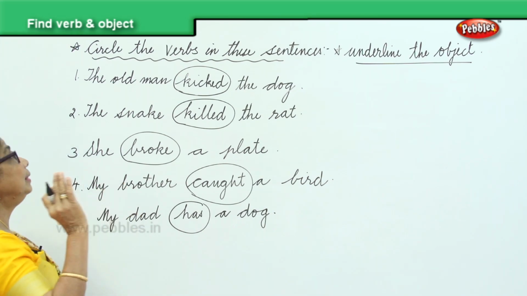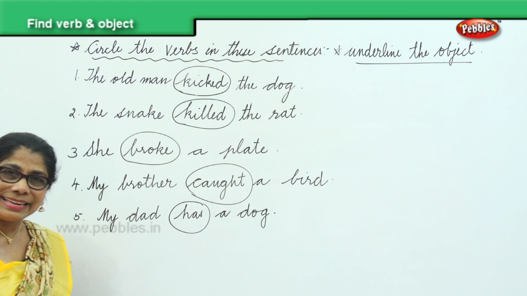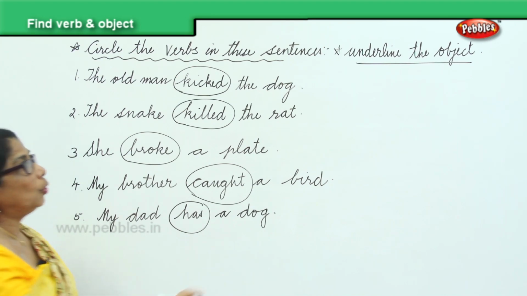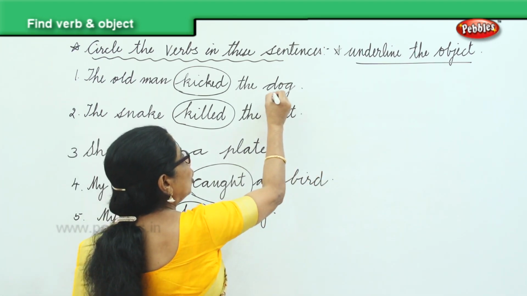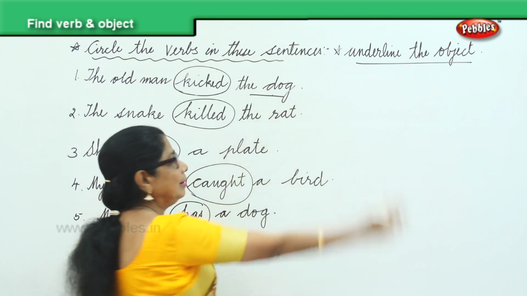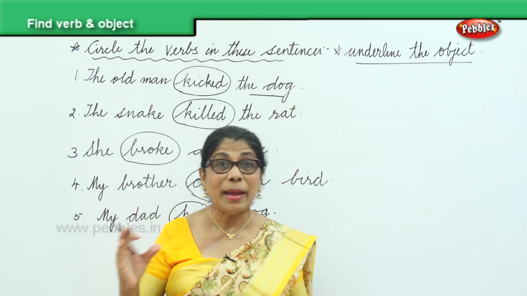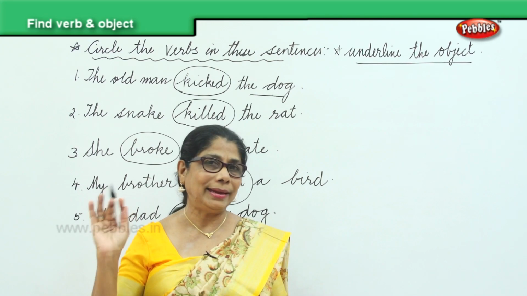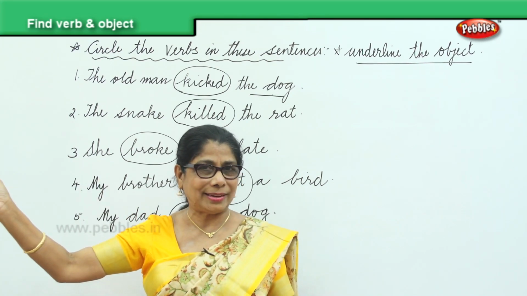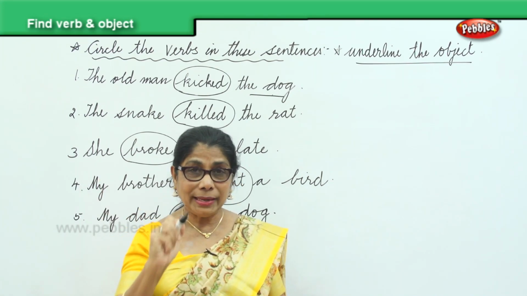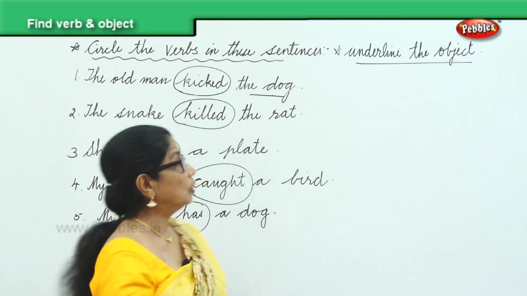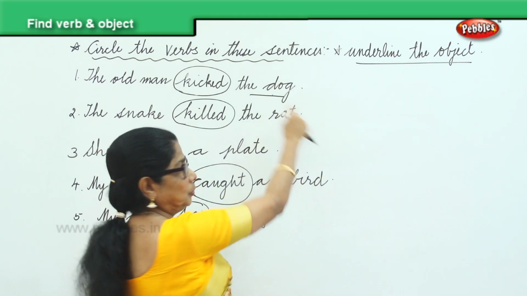Here, the old man kicked the dog. What object? Dog. So you underline. What did the old man do? Old man kicked. Old man is the subject. Verb kicked. Which object? The dog. So you underline the object.